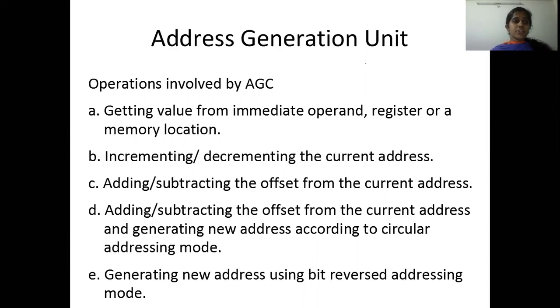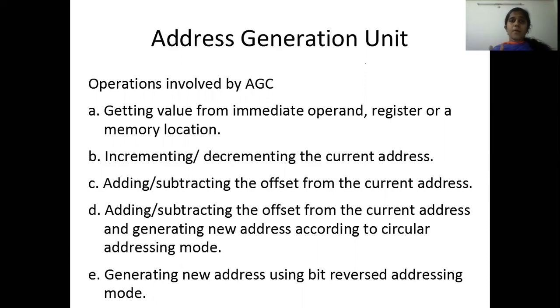So, what is an address generation unit? The function of the address generation unit is to provide addresses of the operands in order to compute some DSP operations. For example, let me generalize with a simple example. If you want to execute a multiply instruction, obviously it requires two operands.